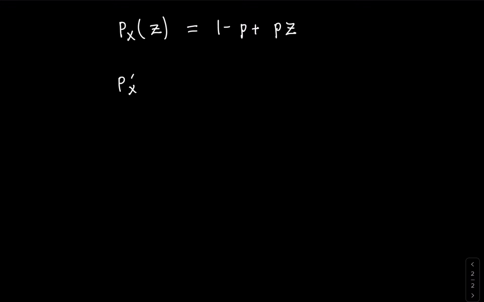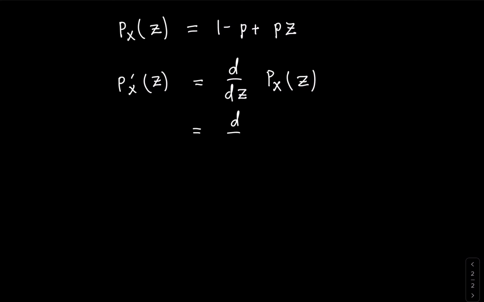First, let's take the first derivative. It's the derivative of the probability generating function, not with respect to p, but actually with respect to z.